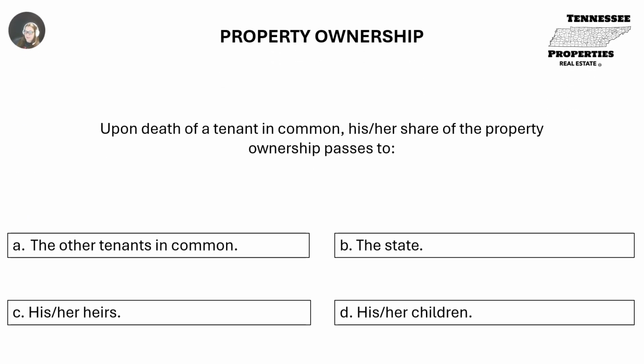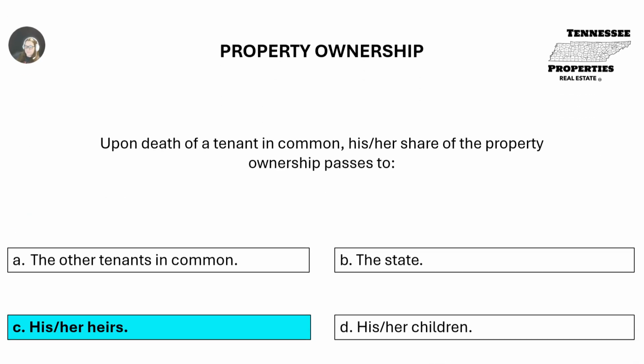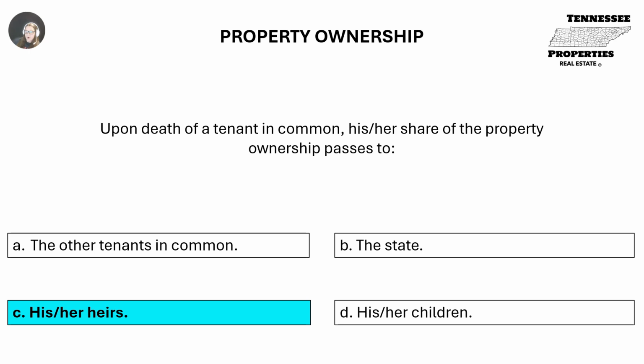Upon death of a tenant in common, his or her share of the property ownership passes to A, the other tenants in common, B, the state, C, his or her heirs, or D, his or her children. C, his or her heirs.